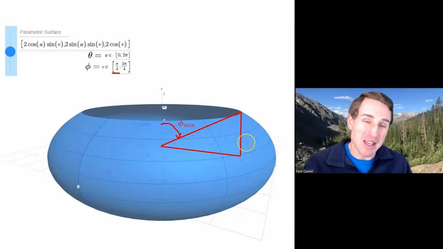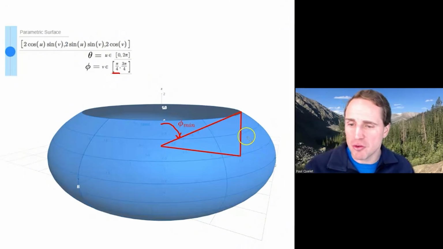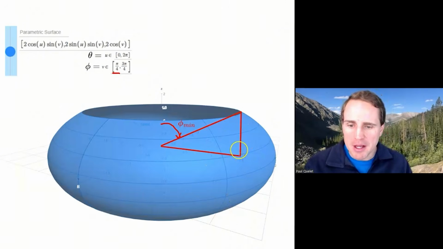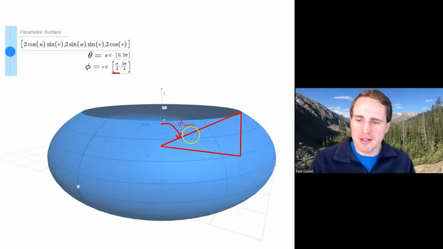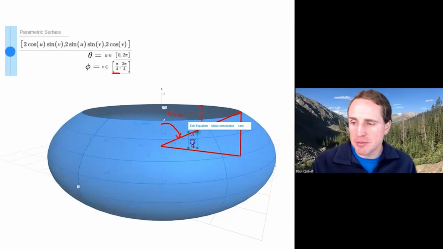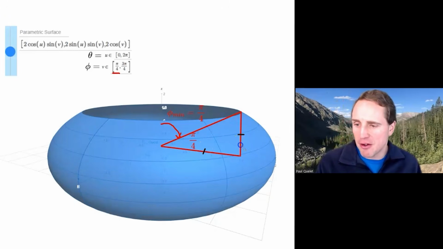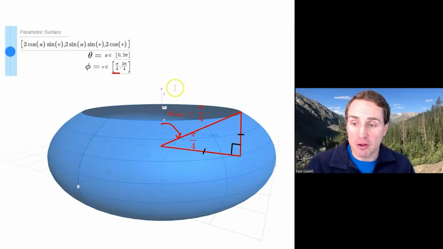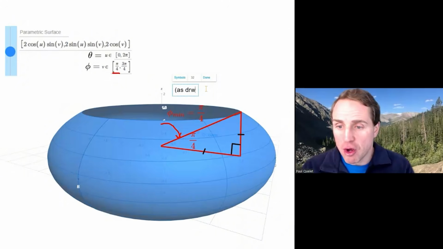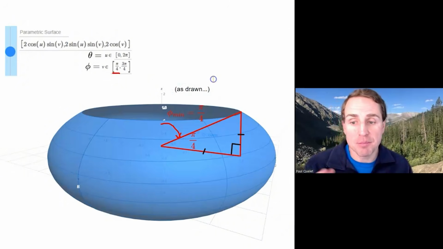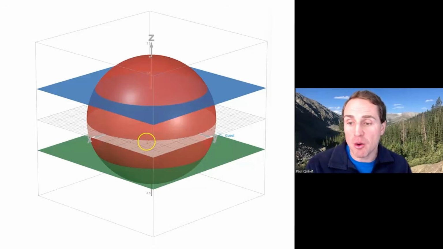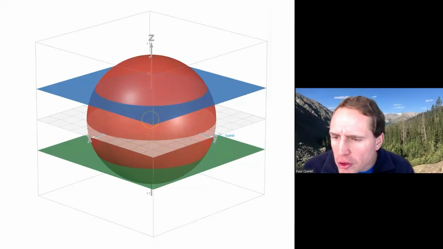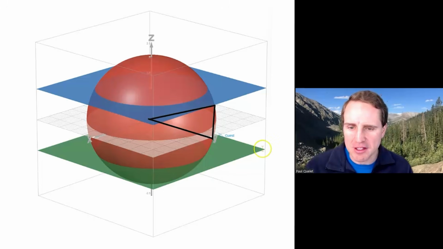Although it looks like it might not be a 45, 45, 90 right triangle, I think it actually will be, because this is drawn such that phi min is meant to be pi over 4. So sometimes when you use these 3D plotting software, it's easy to have it look distorted. What I have for this right triangle here, this is true as drawn. So as drawn is meant to be pi over 4. But the thing is, our surface, from the origin up to some point of interest, say right there. So this is a 30, 60, 90 right triangle.